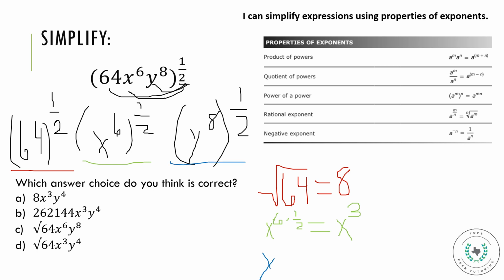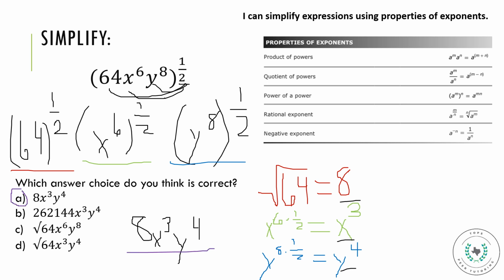We get y 8 times half, or 8 divided by 2, and end up with y to the power of 4. So if we take all of our values together, we end up with 8x to the power of 3, y to the power of 4, or in this case, answer choice A.